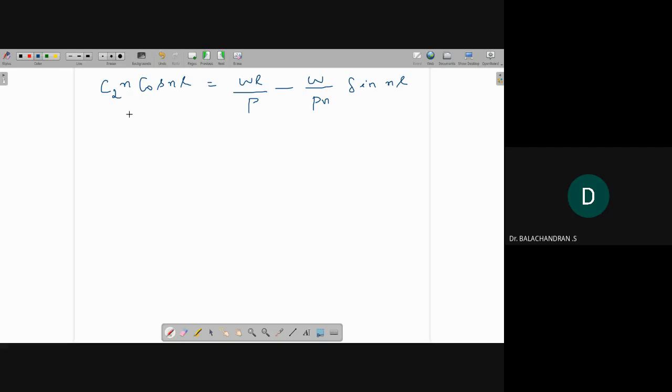So I need only C2: omega L by p n, 1 by cos nL is secant nL, minus omega by p n square. Sin by cos is tan. So this is your C2.